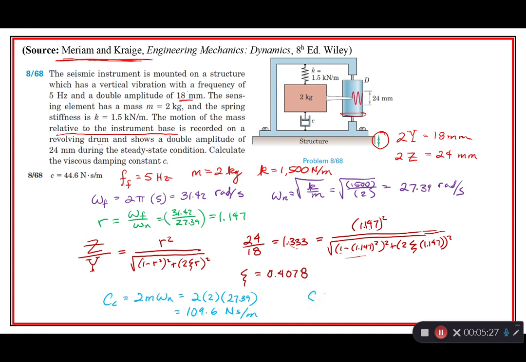So we're able to find the damping coefficient by taking the damping ratio and multiplying it by that critical. And so we get C is equal to 44.67 newton seconds per meter.